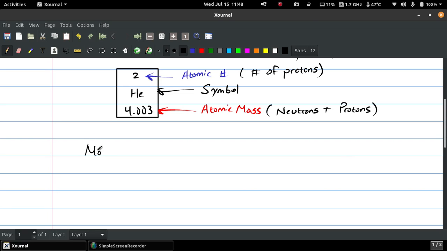So, molecular elements are also something we have to talk about. Two or more atoms of the same element join together.